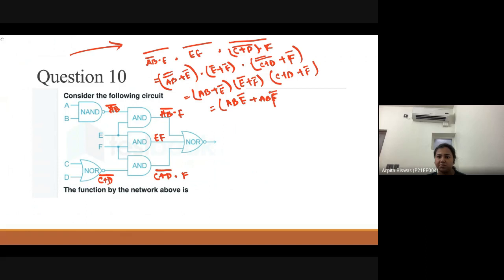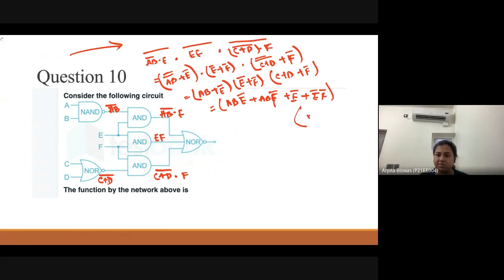This is F bar. Then E bar into E bar: what is the value of E bar if we multiply it with E bar? This is coming out E bar, and plus E bar into F bar, right?